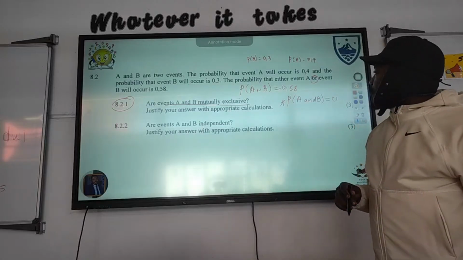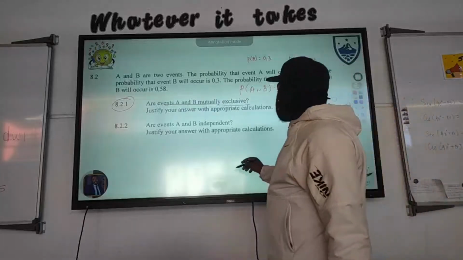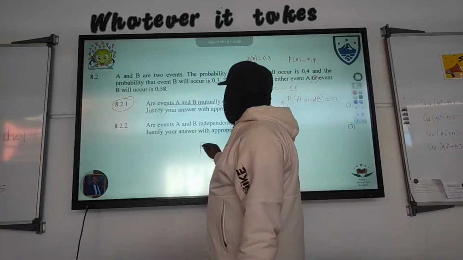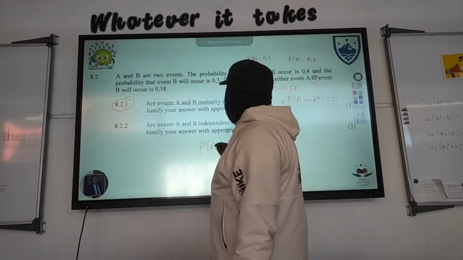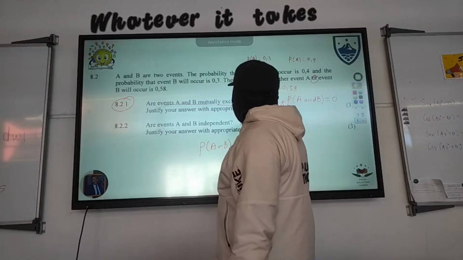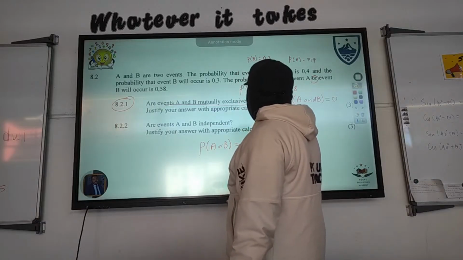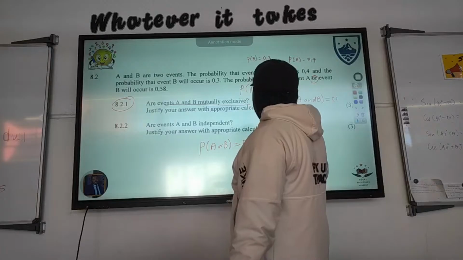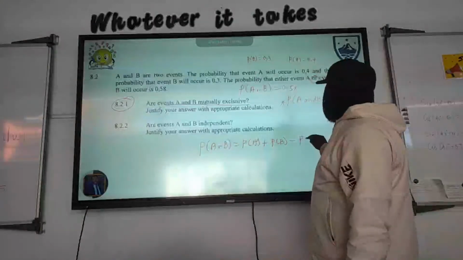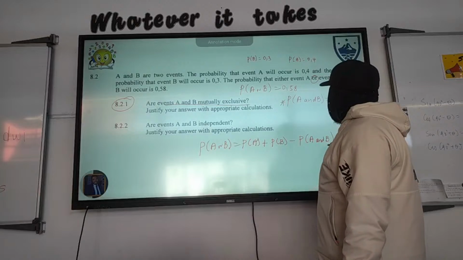So in your formula sheet, if you want to find the probability of A or B happening, it will be the same as the probability of A plus the probability of B, removing the probability of A and B.